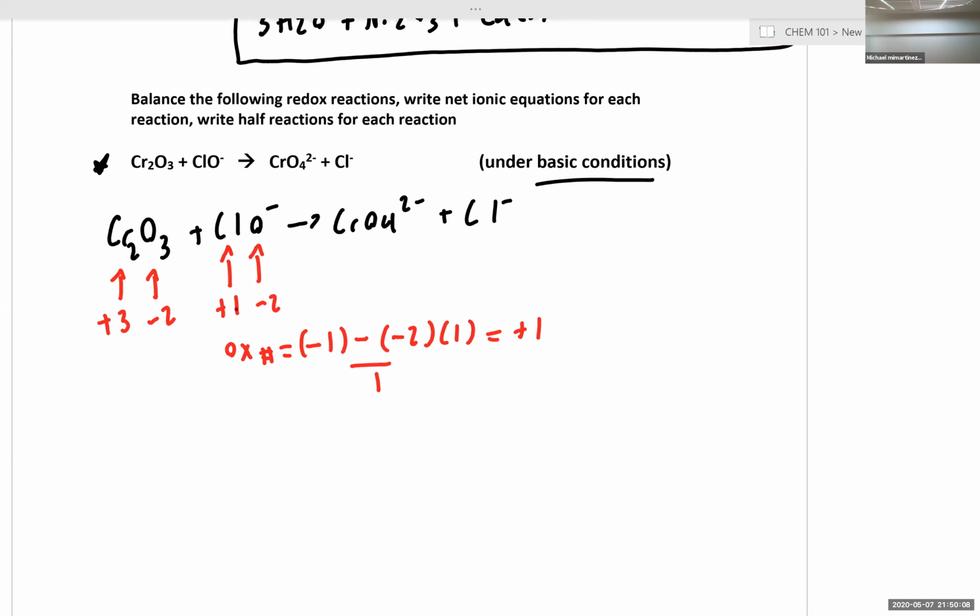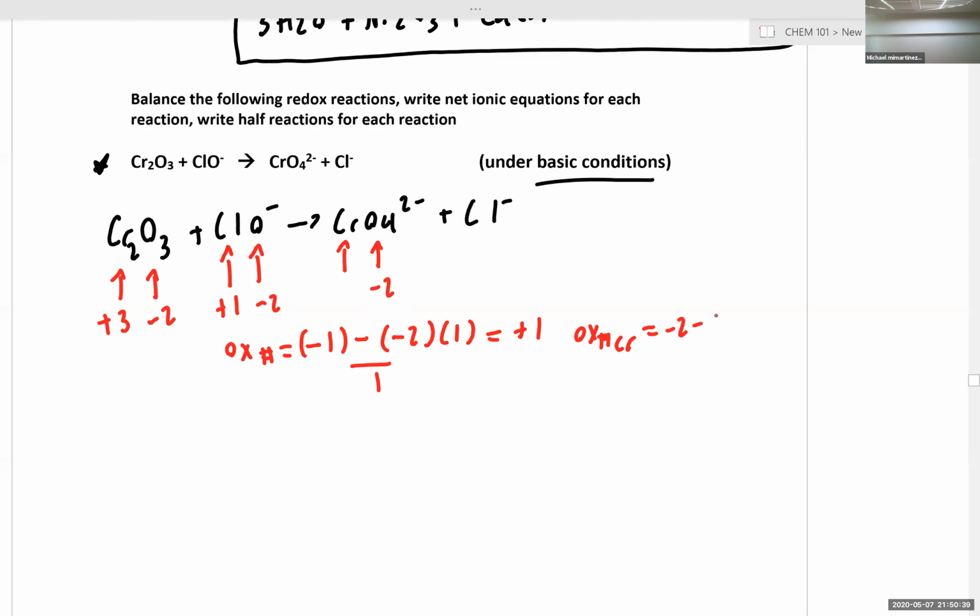Okay, so let's do the same thing for chromate. The oxidation number of oxygen is -2. Would someone like to take a moment and calculate the oxidation number for chromium and propose their oxidation number for chromium in the chat? +6, exactly right.